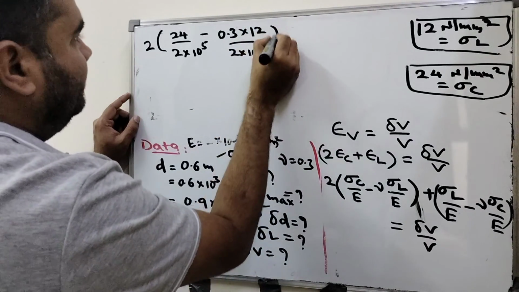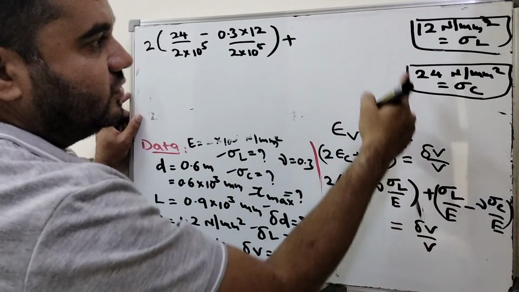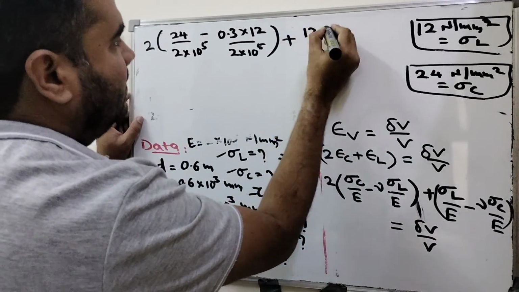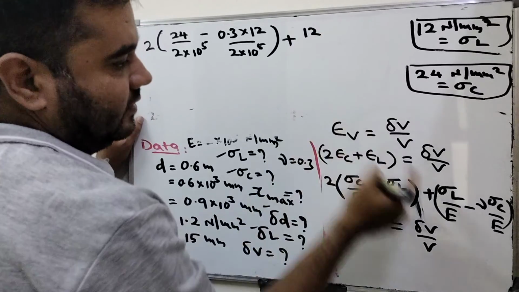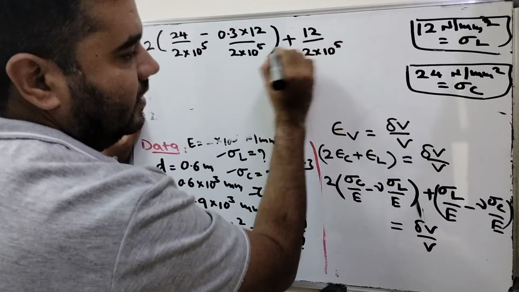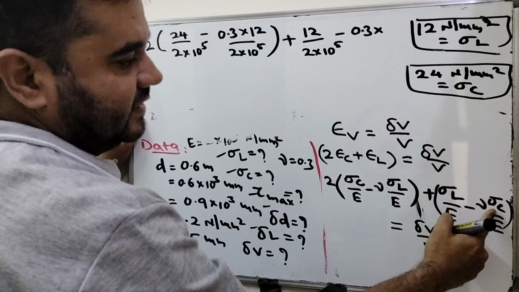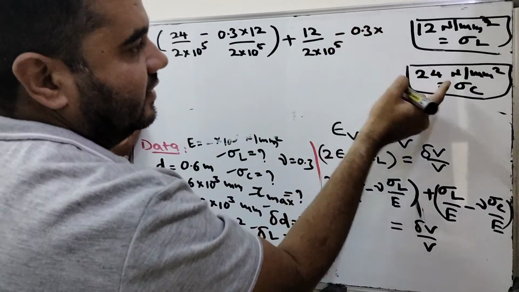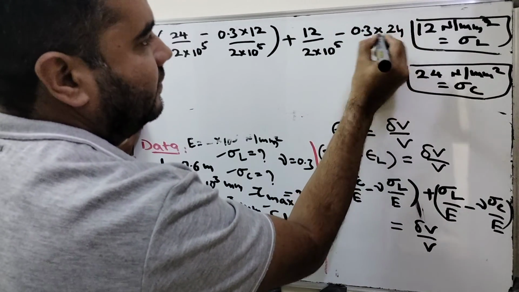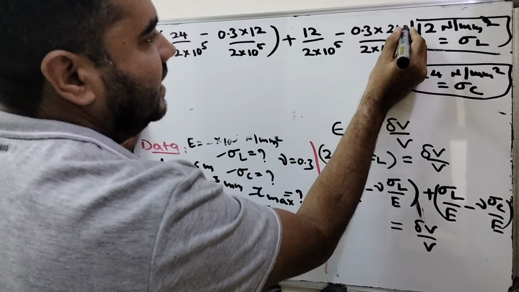Plus, now the longitudinal stress, 12 divided by 2 into 10 raised to 5, minus Poisson's ratio 0.3 into circumferential stress 24 divided by 2 into 10 raised to 5. This is the left side portion.